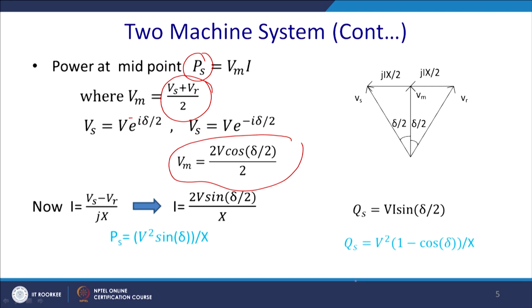Again, the current I flowing from this point to this point is Vs minus Vr by jx. Substituting this value of I, ultimately from there you can derive the reactive power available in the network, that is Vm I sin delta by 2, that is V square by x into 1 minus cos delta. So, this is the reactive power in the case of the two machine model.